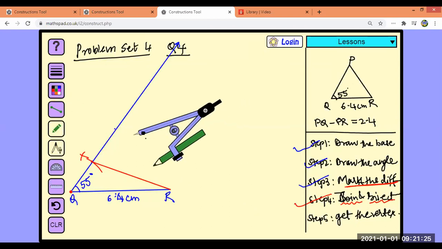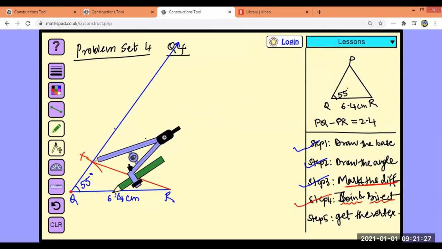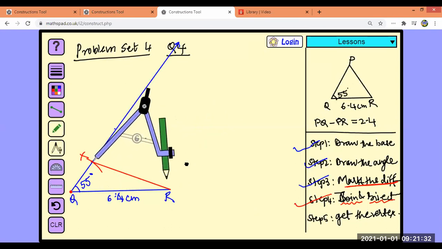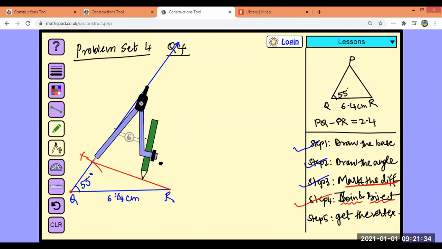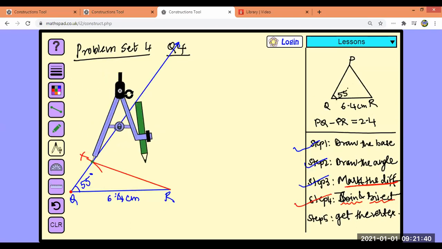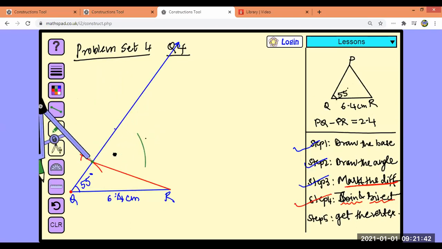We begin with placing the steel point on point X and take more than half distance. This is complete XR. We have to take more than half distance. Without disturbing the distance, we draw arcs on both the sides like that.